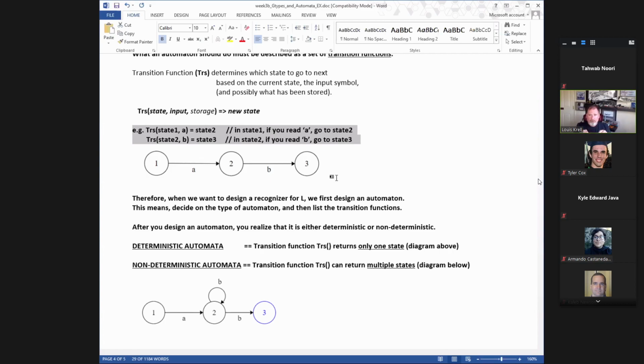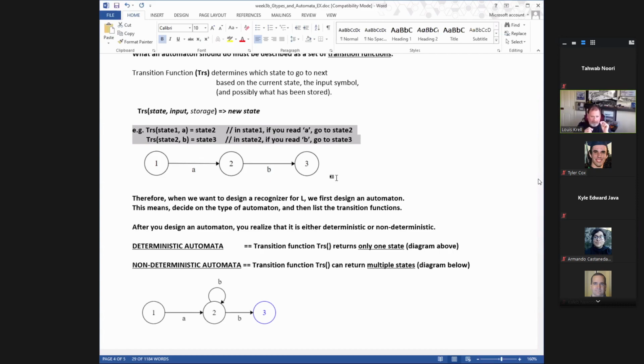So what we're going to do in week 5, 2 weeks from now, is we're going to take non-deterministic automata and convert them to a deterministic finite automata, and then you can write your code. Every non-deterministic automata can be converted to a deterministic automata. We're going to go through a couple of exercises with that. And once you know how to do it, then you can do it for any NFA.